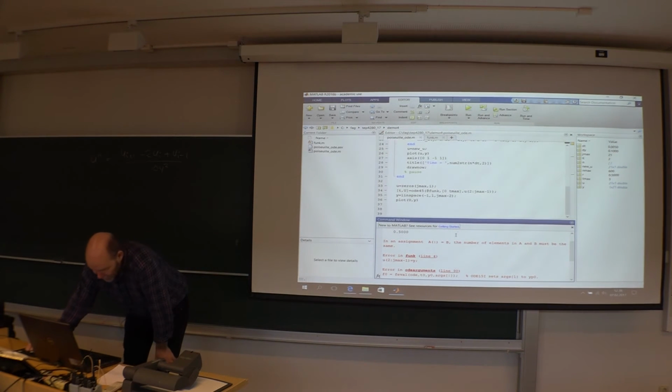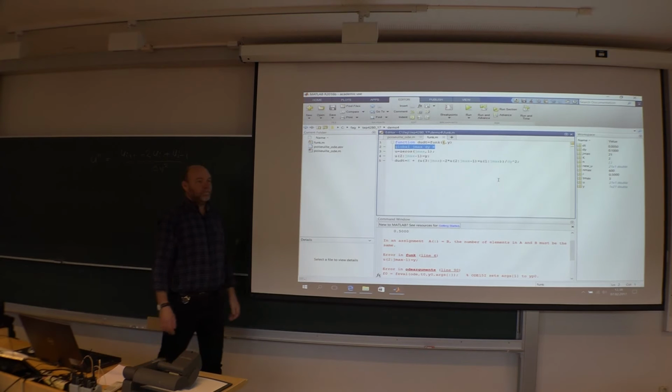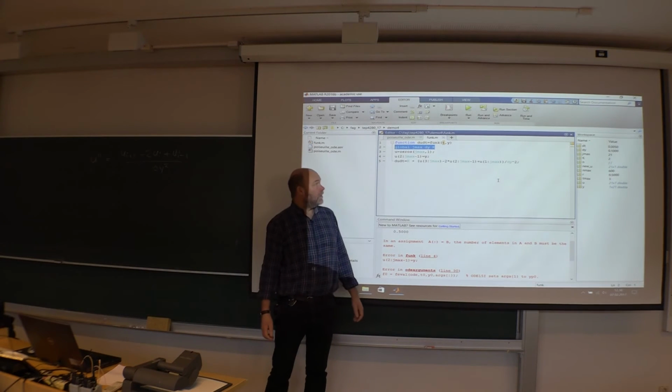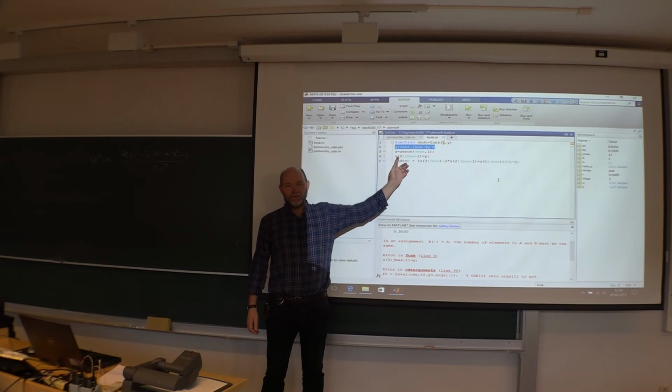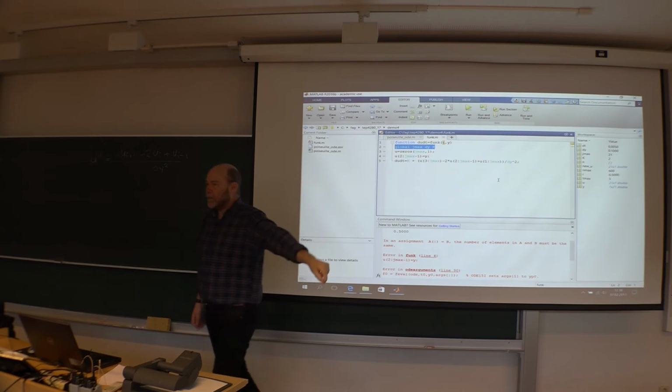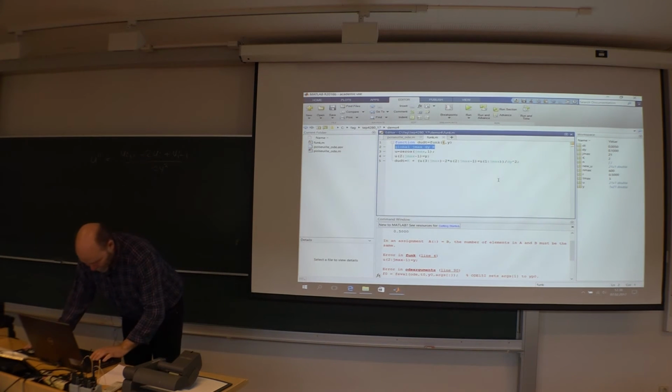So it's a tricky one. The error is that one. I state in the function a global sentence. I want to have these values from the main program. Then the same global sentence has to be also in the main program. And you don't get a warning, you don't get an error. That's really bad for MATLAB.